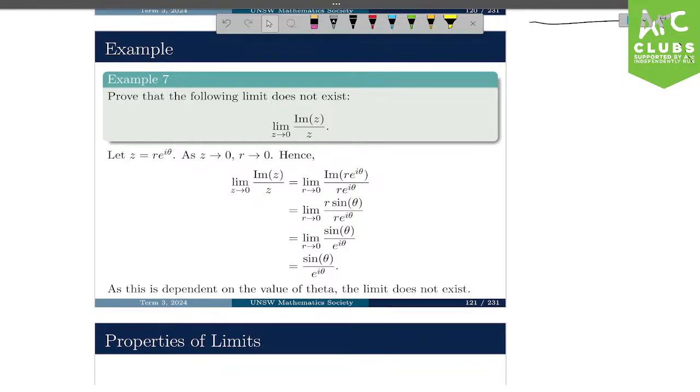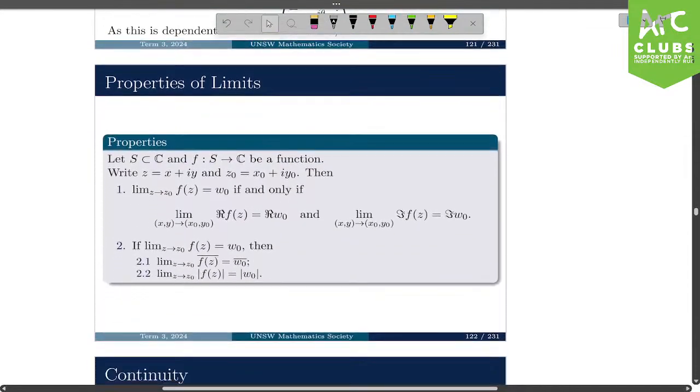Because the angle, all it's telling us is the angle at which we approach the point 0, right? And so we find that our limit value is dependent on theta. Therefore, no limit exists because it's obtaining different values from different paths. All right? Fantastic. Let's keep on moving.